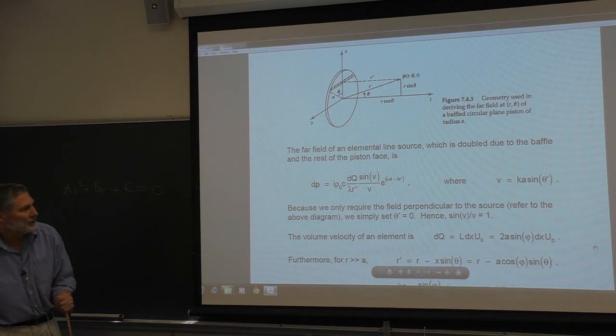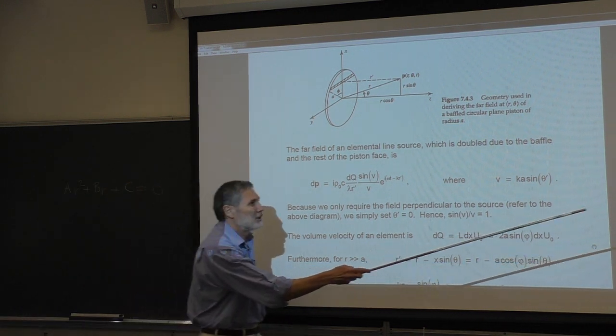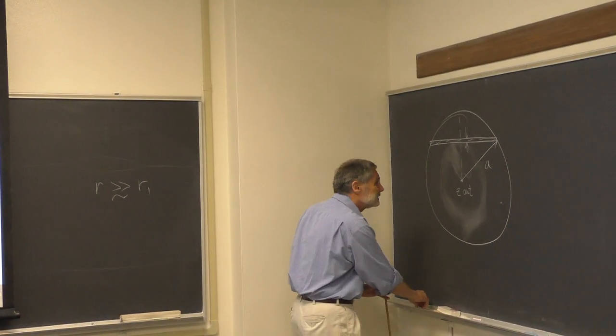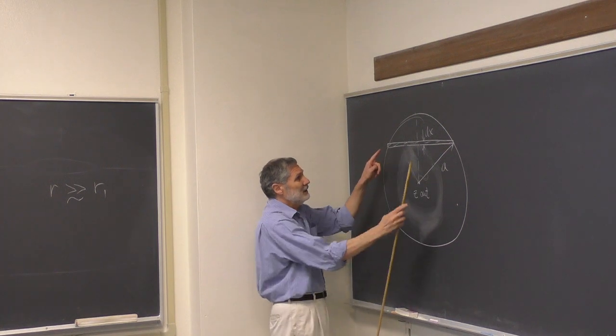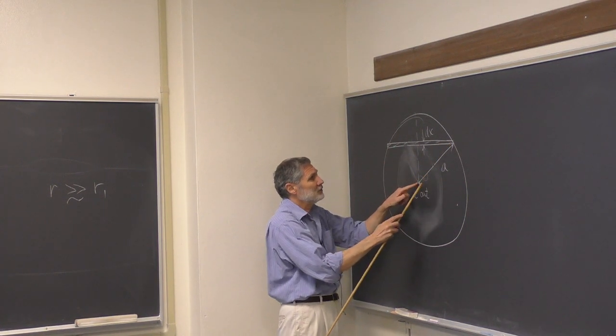What's the source strength? It's the area. We're going to call this integration variable x right here. We've got a dx. So the moving area is the length. Okay, and I can get the length from the trigonometry here.